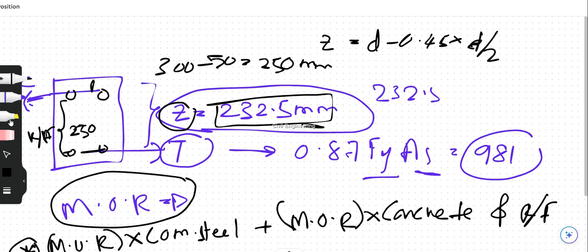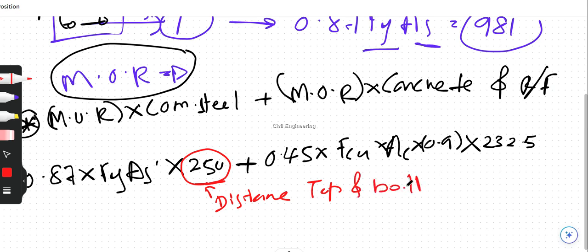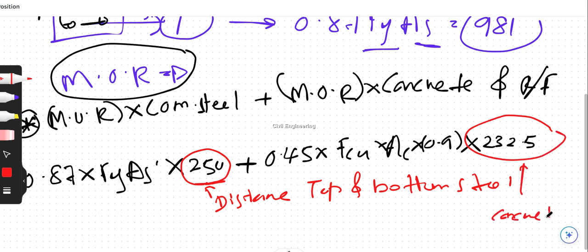This is for the concrete section. Okay, now we know how these values came here. This 250 is the distance between top and bottom steel bars, and this is between the concrete section and tensile reinforcement.